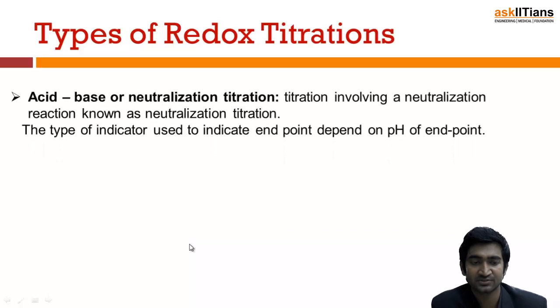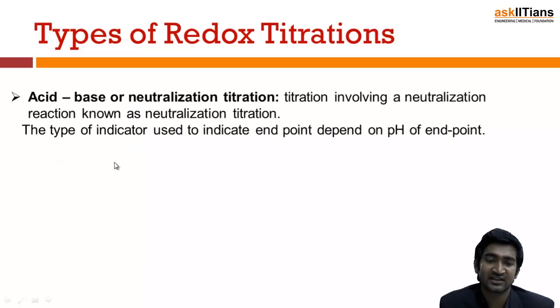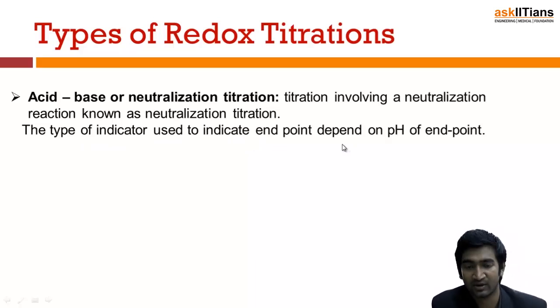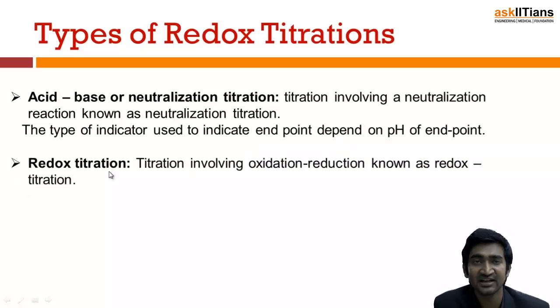So what are the types? First is acid-base, or neutralization titration, which involves a neutralization reaction, and the type of indicator tells us that the endpoint has been achieved, that is, the pH of that endpoint. The second type is redox titration, which involves oxidation and reduction.